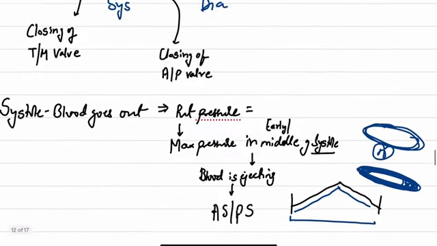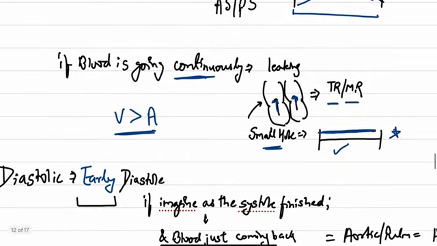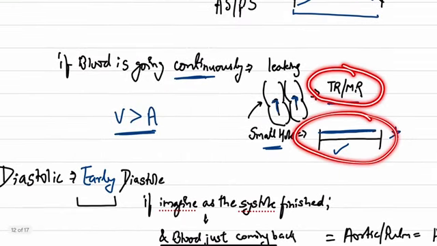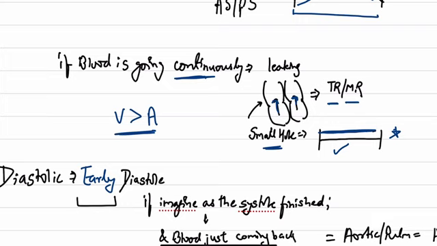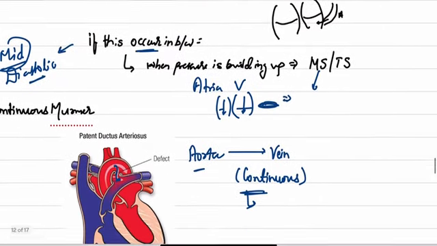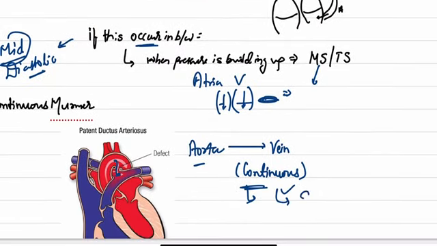The pansystolic murmur is seen in tricuspid and mitral regurgitation, because blood is leaking continuously in that part. This is not the continuous murmur, it is a pansystolic murmur. And the continuous murmur is seen in both S1 and S2, in both phases, systole and diastole.